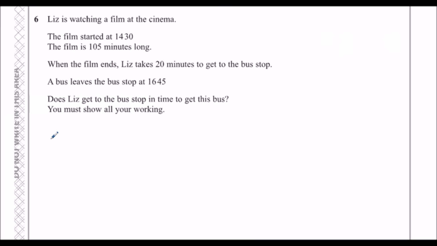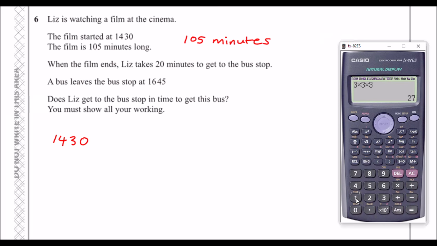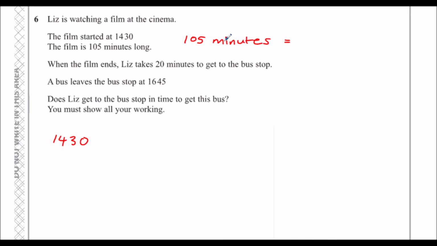So we're at 14:30, and we need to add on 105 minutes. An hour is 60 minutes. So if I take off 60, I've got 1 hour and 45 minutes.